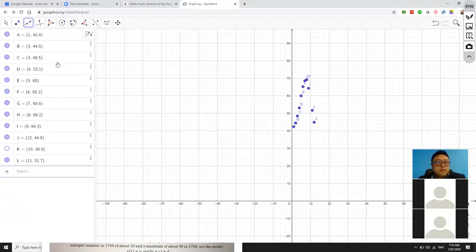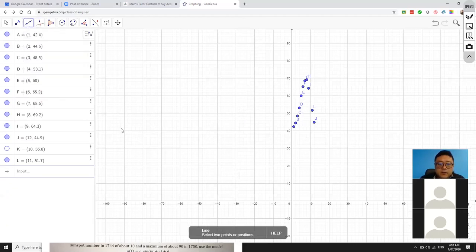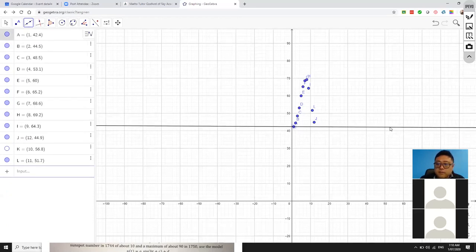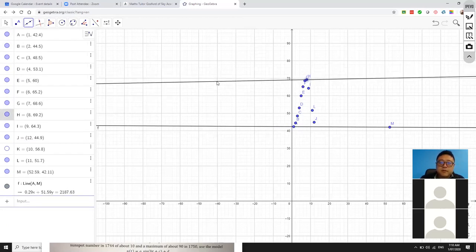I'll add a line from this point. So that seems to be the bottom of the curve, and this seems to be the top of the curve. Is that right?